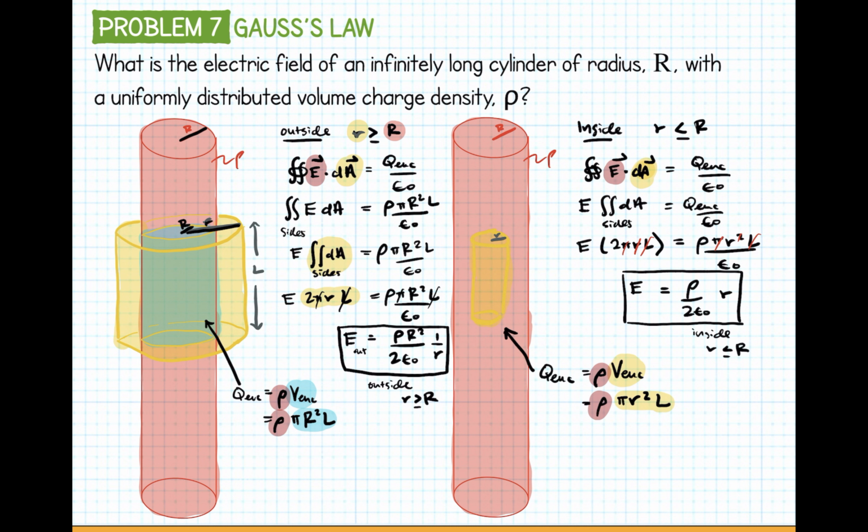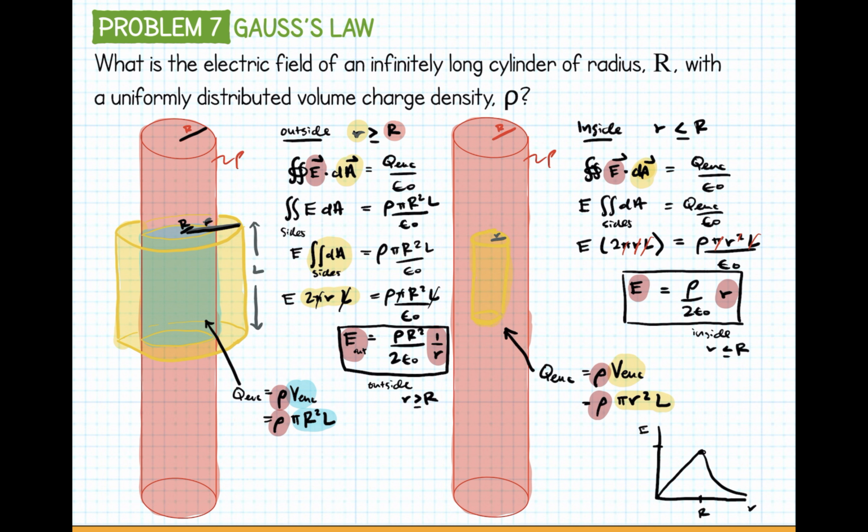Okay, so if you look at these, here E has an inverse relationship and here E has a linear relationship. If you want to plot that like we did before, here's E versus r, you're going to have a linear relationship and then an inverse, sort of like we did before. It's not inverse squared, so it shouldn't be quite as steep. But this boundary condition is going to be R, and when r is equal to R, this maximum point of the electric field is right at the edge, right at the surface, right here.